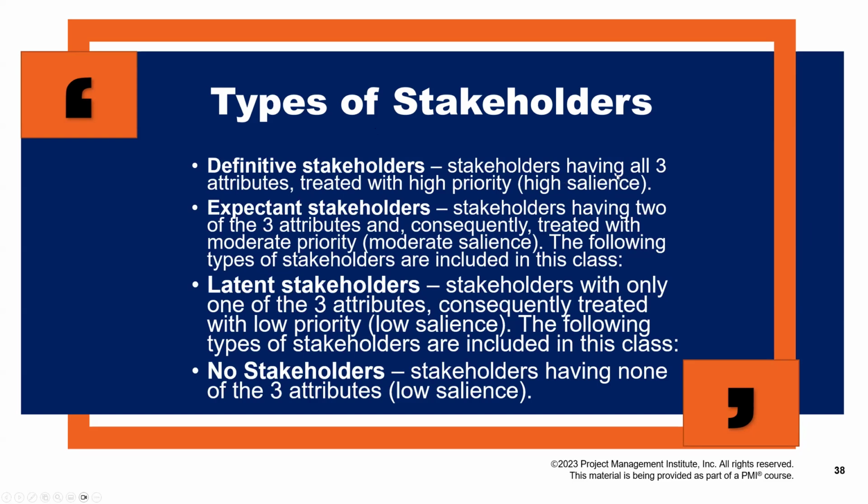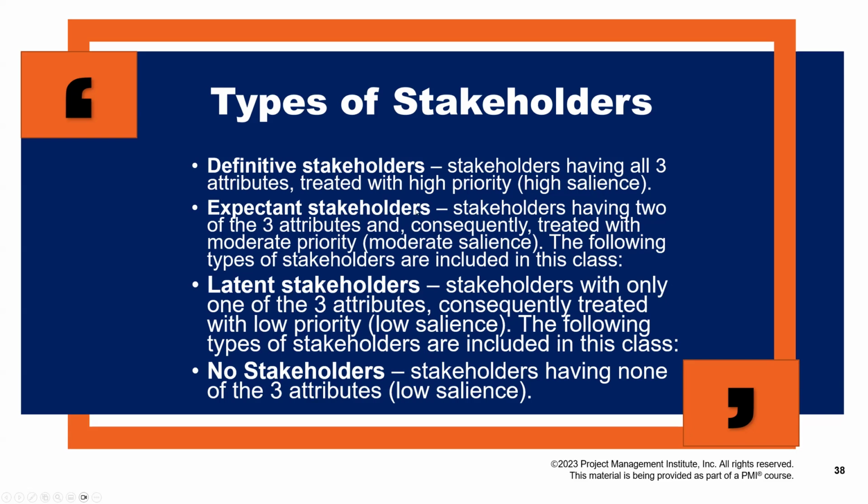Definitive, having all three attributes, they are high in all. A definitive stakeholder has a high salience. This is called a salience model, whether it is a cube or a Venn diagram shape, the definitive stakeholders in the center have high salience.